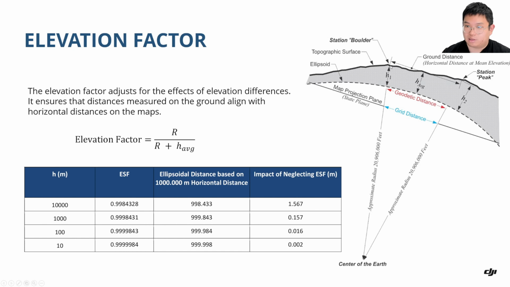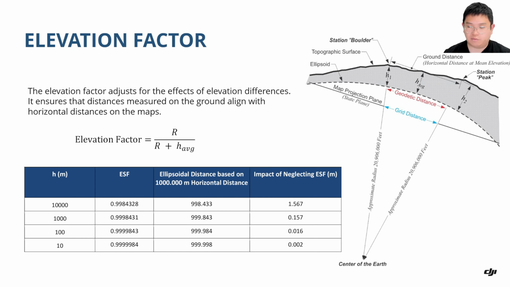So over here, if I measure from the actual ground surface here to here, now not only do I need to apply the scale factor, I also need to apply the elevation factor based on the elevation difference from the ellipsoid surface to the actual ground distance.